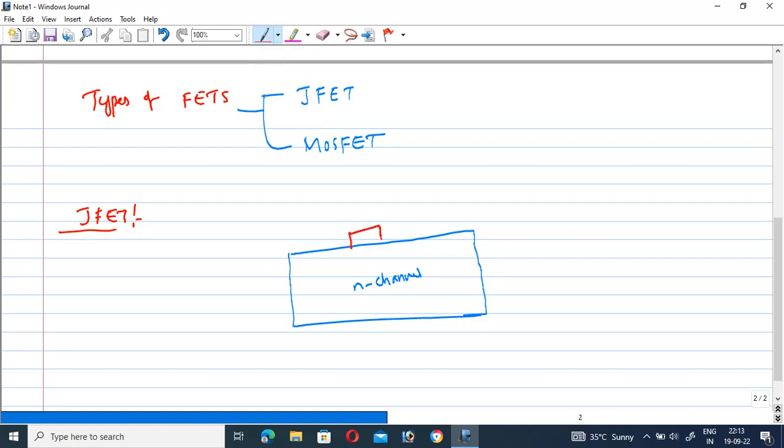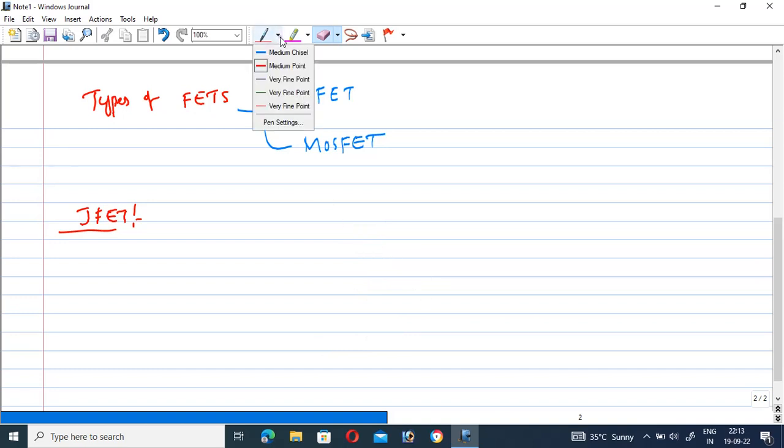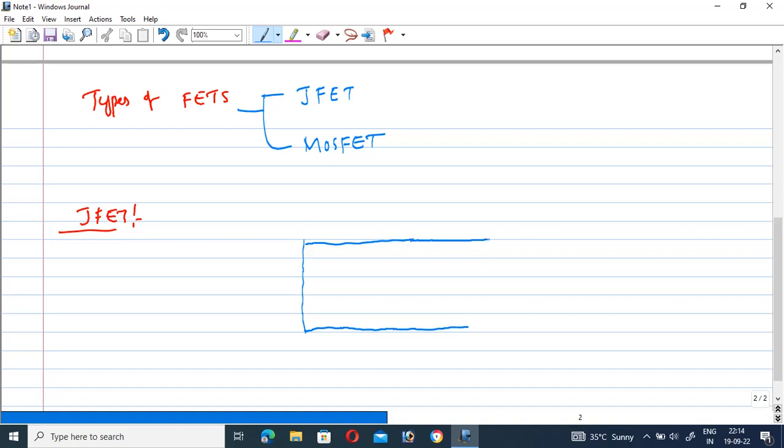So this is P-type material, and this is also P-type. Let me redraw the circuit, as it is not that good. On both sides, you have to dope the P-type regions.